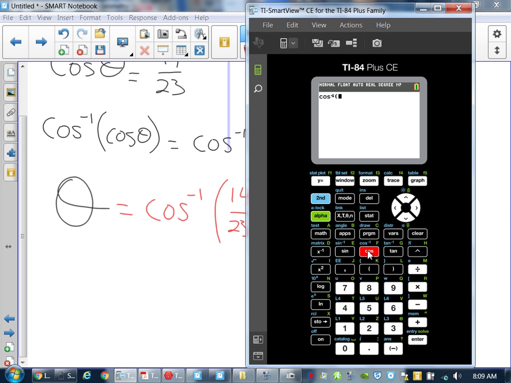And just type in 14 over 23 and hit enter. And there's my angle. It's only one extra button that you have to press. The second button. That's it. I have increased your workload by one button.